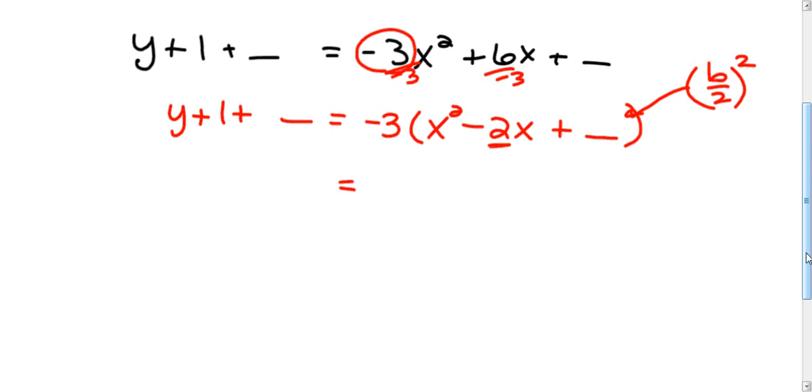So half of -2 is -1. And when I square -1, I get 1. The problem is people are going to get tempted to put a 1 right there, but don't put a 1 right there because you have this -3 here. So you have to take negative 3 times 1 and actually put a negative 3 there. Okay?